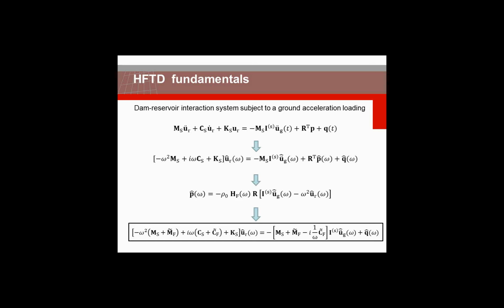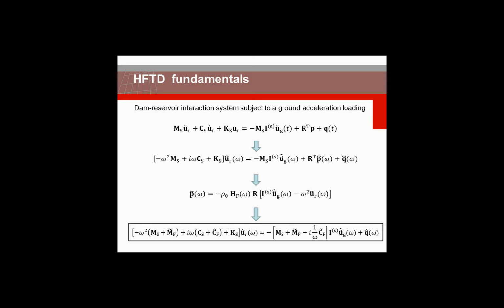This equation can be expressed again in terms of the frequency domain analysis, which is the most direct way of solving this, and we can uncouple this by expressing the pressure amplitude in terms of the frequencies of excitation.